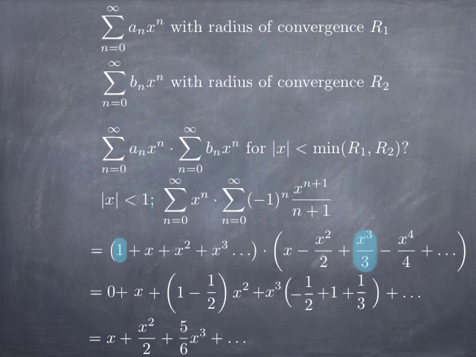And practically speaking, even though we're going to give a general result for the form of the power series representation of the product, we're usually just going to calculate the first few terms, and for many applications this will be good enough.